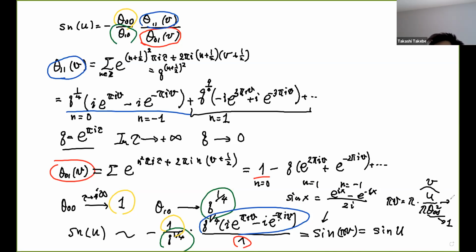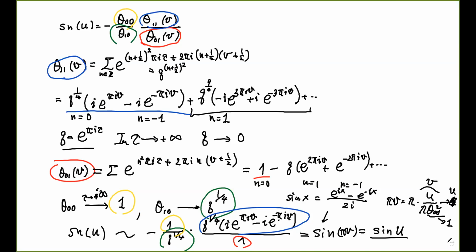So it goes to 1. Oh, sorry, u, which means this one. Okay? It should be 2 times sine. Yeah, it should be 2 sine u, 2 times. So something is wrong.